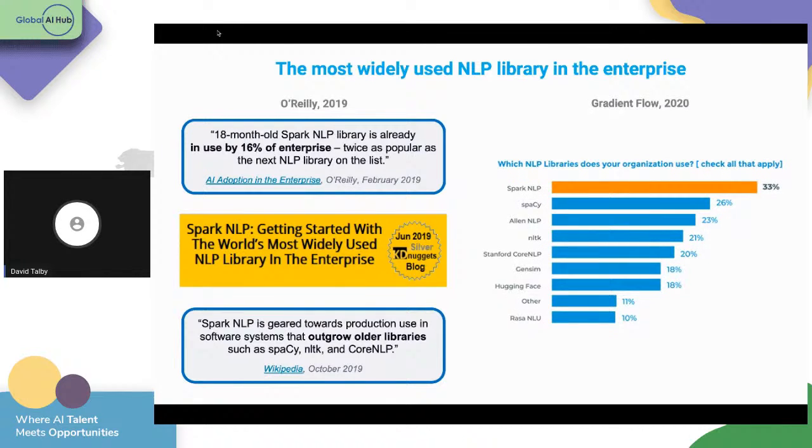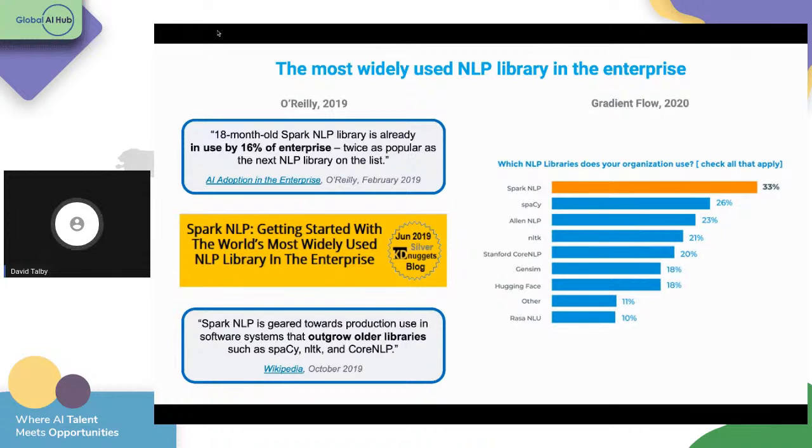Within 2020, the most recent large survey we have is the first NLP industry survey by Gradient Flow. By the way, if you're interested in natural language processing, I recommend downloading and reading the whole report. One of the questions was about which libraries you actually use, and once again, Spark NLP was recognized as the most widely used library by practitioners.